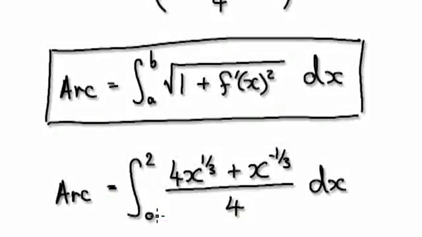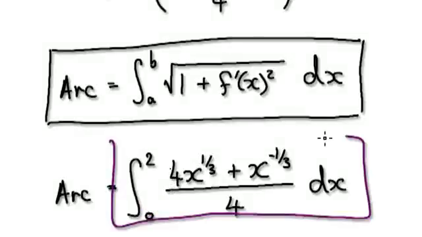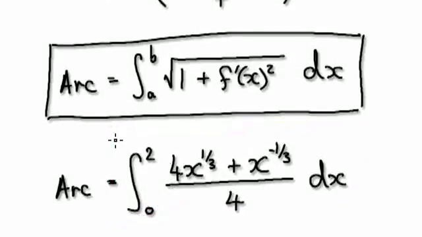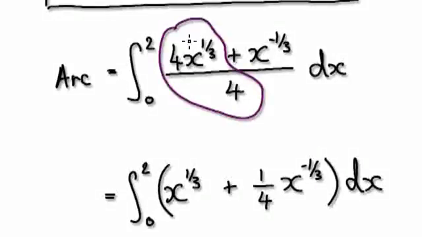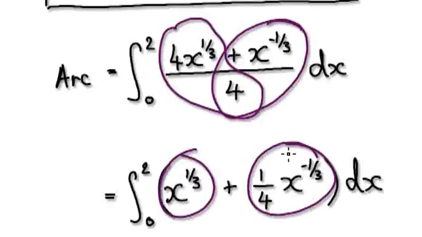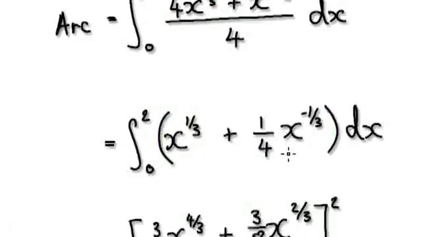Don't forget we are evaluating it from 0 to 2. Now visualize this as one fraction, so that's this bit here, and visualize it as another fraction here. So now we just need to integrate it.